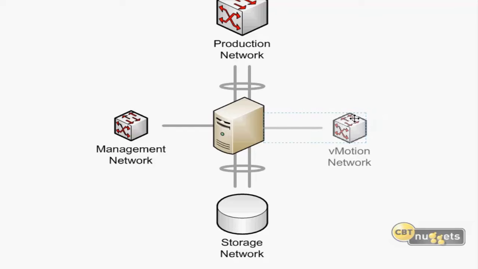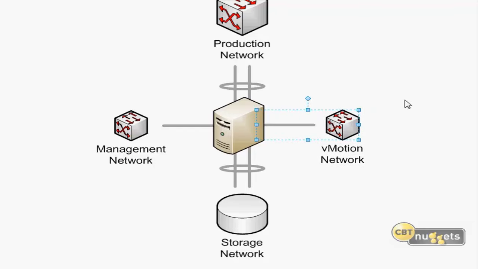There is a fourth type of connection that you can actually bring into an environment as well, and that's a vMotion network. This vMotion network is designed for when virtual machines need to pass from host to host, so that we actually separate out the process of transferring that information, or the route in which that information transfers from one host to the other, onto its own network, so that none of the potential congestion that exists on the production network or on the storage network or even on the management network will impact the process of that vMotion.